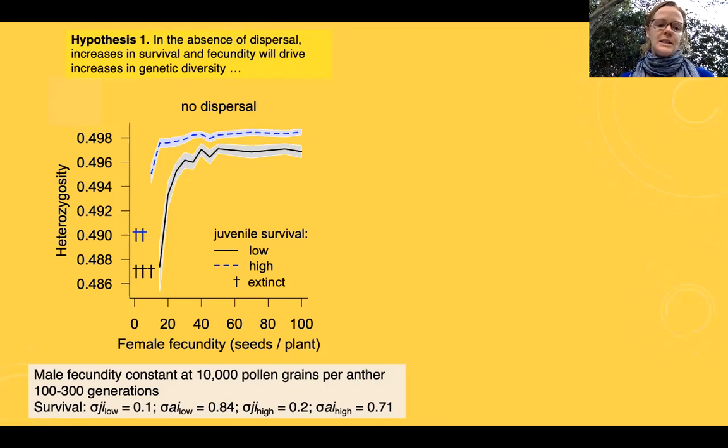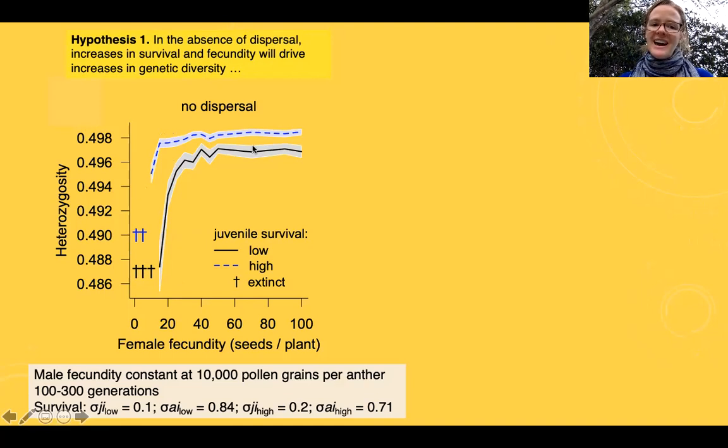What we found was that there was an effect of female fecundity at the lower end of the realistic spectrum that you would find in Plantago, and that when female fecundity was very low, populations were most likely to go extinct. And then there was a sharp increase at around 20 seeds per plant.